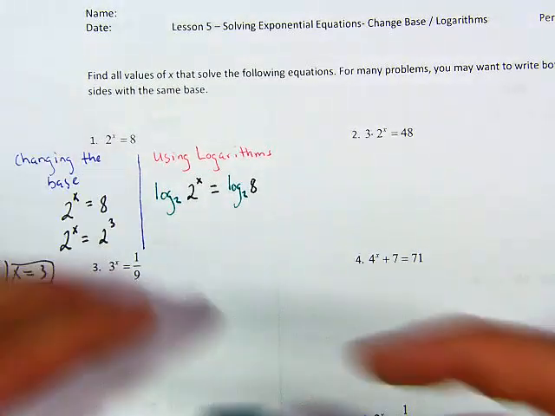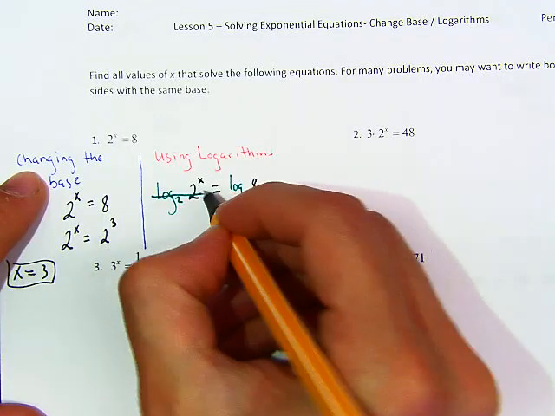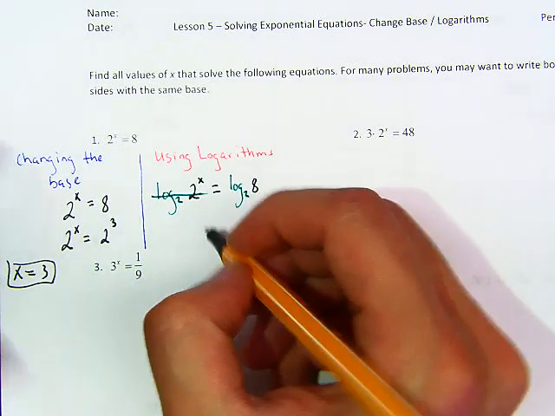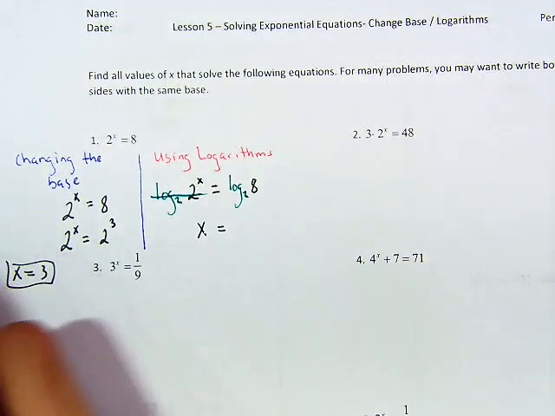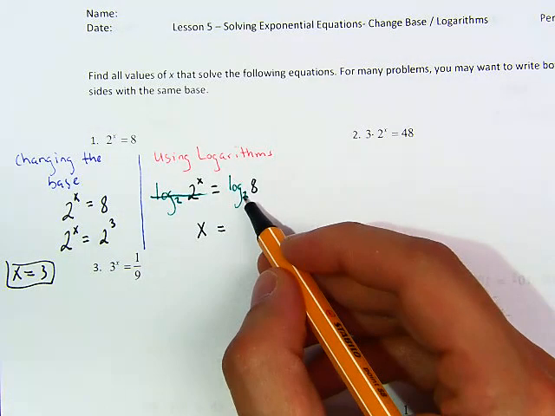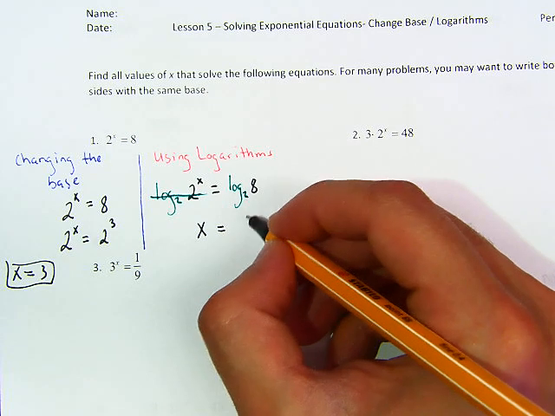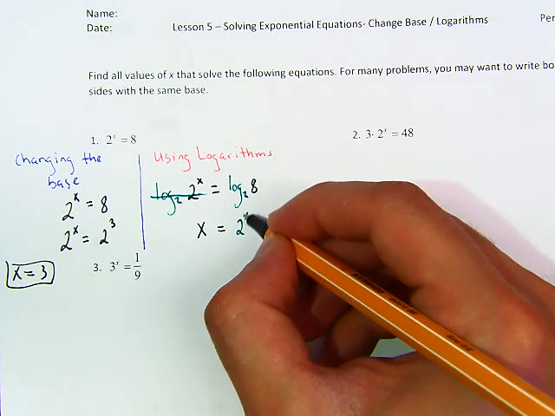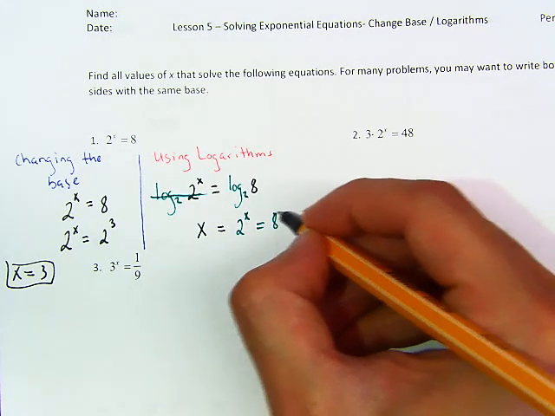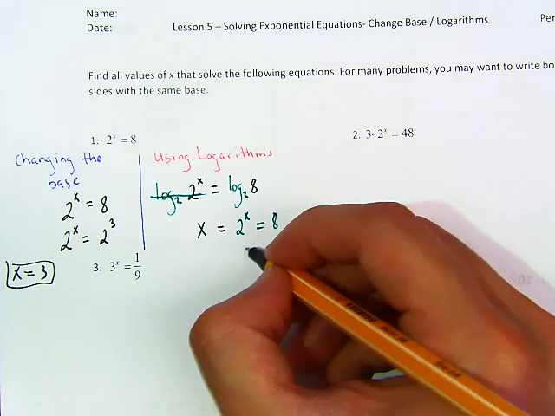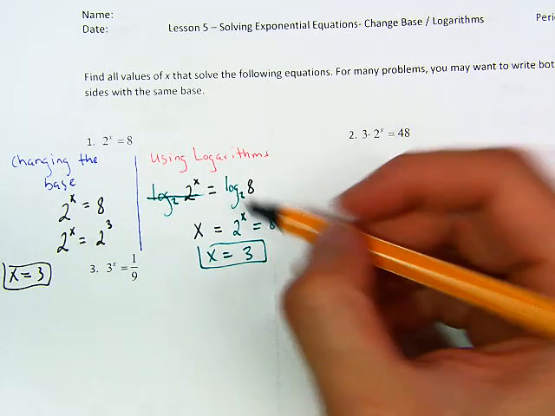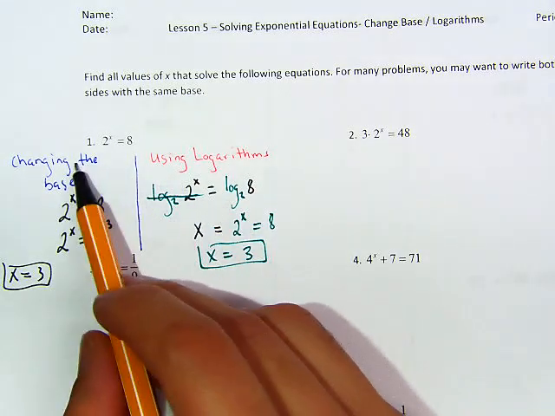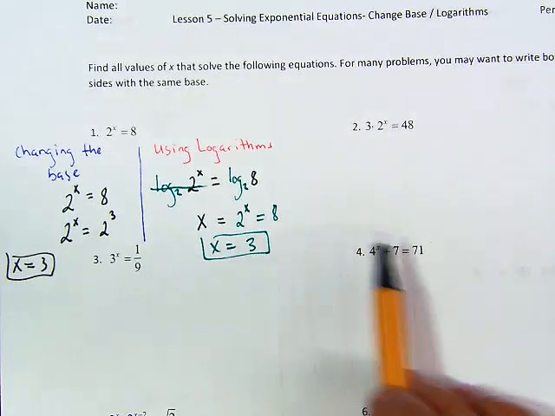So this 2 cancels out and you're just left with the exponent, which is x, and that's equal to, how do you translate this? 2 to what power is 8? And that has to be 3. So x is equal to 3, right? And that's how you use changing the base or logarithms to solve these two problems.